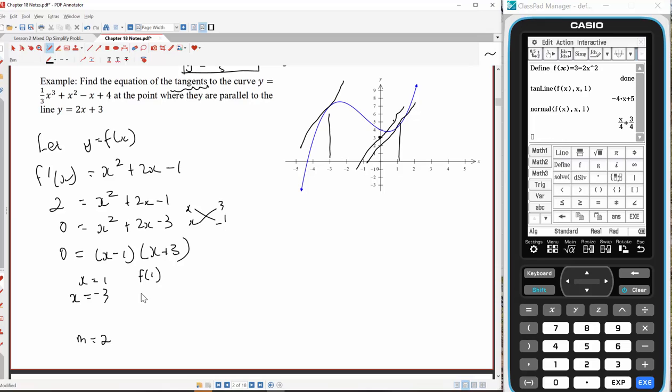So we'll do f of 1 and f of -3 to get the y values. f of 1 is going to be 1/3 plus 1 take 1 plus 4, which is equal to 4 1/3, which is equal to 13 on 3. So there's our y value. Our coordinates are 1, 13 on 3 for that particular point.